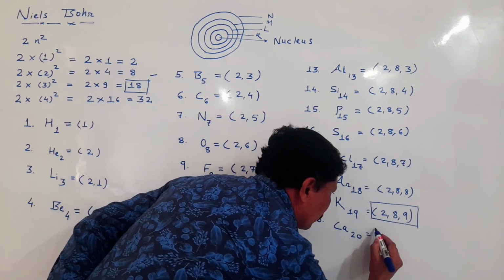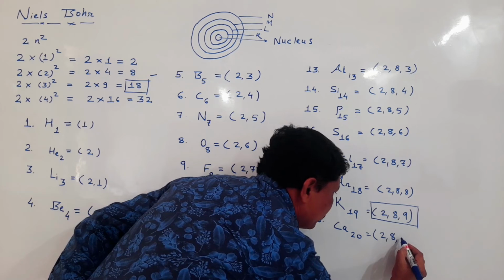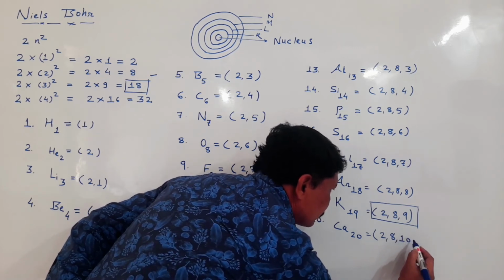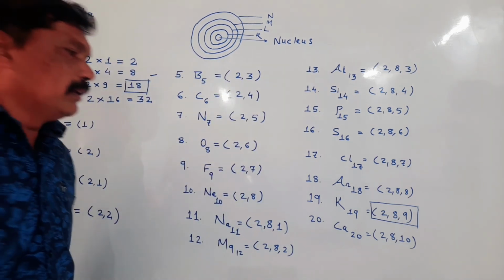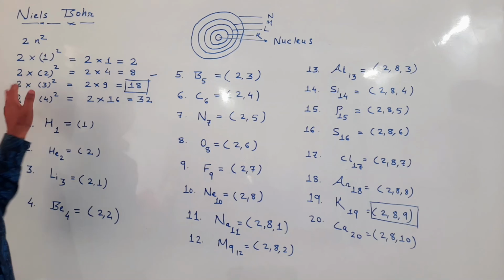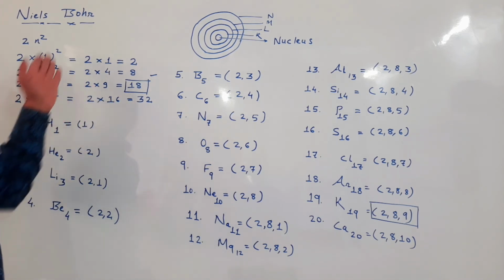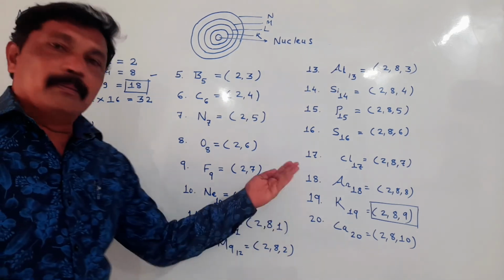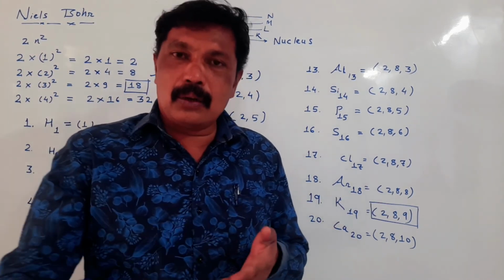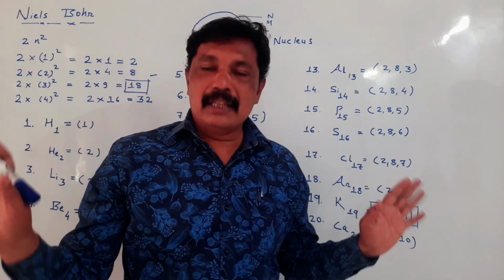So according to the formula, you will think that the electronic configuration is 2, 8, 10. You will go on adding the electrons in a sequence, because you have studied that the capacity of the third shell is 18. So by a normal procedure, you will go on filling the electrons in the third shell up to 18, but it is wrong. It does not take place.